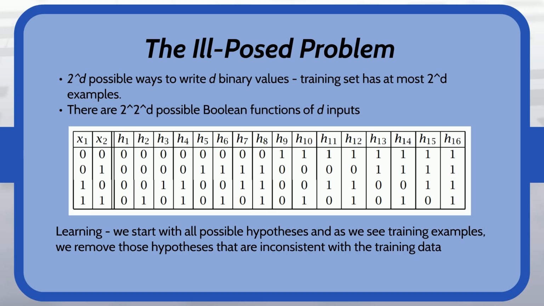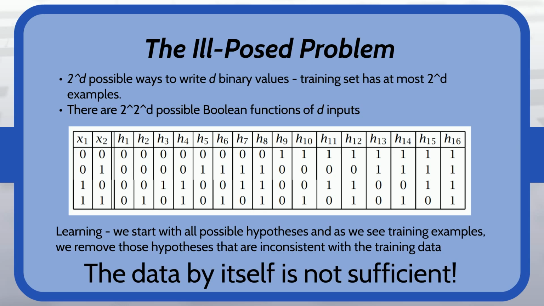If the training set we are given contains only a small subset of all possible instances, as it generally does, that is, if we know what the output should be for only a small percentage of the cases, the solution is not going to be unique. So this is actually a problem.